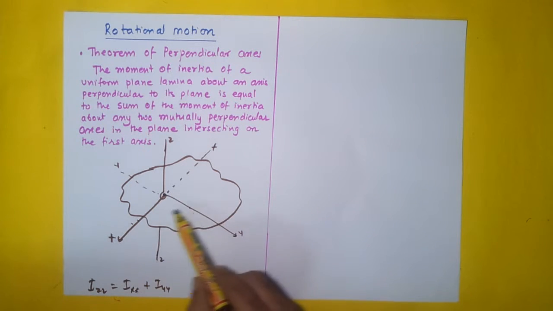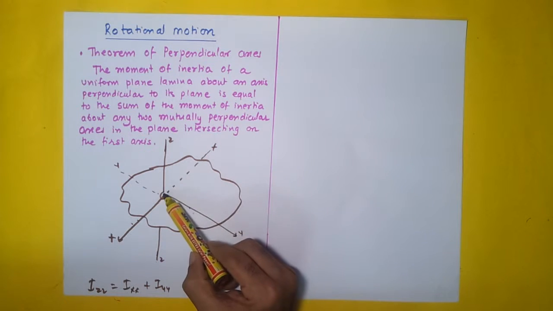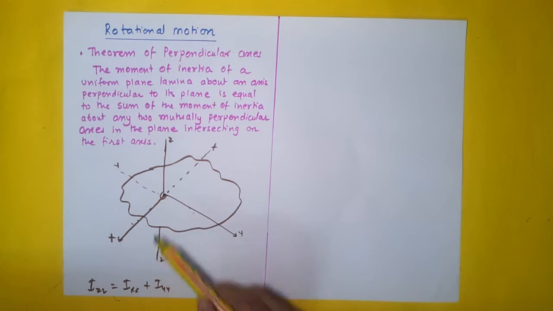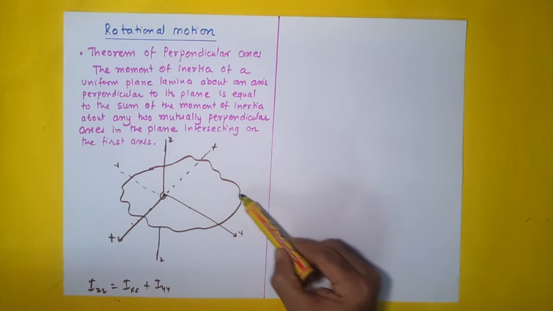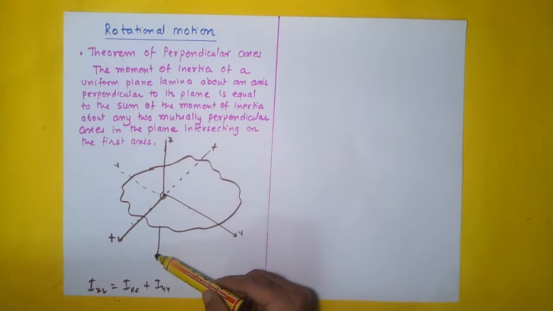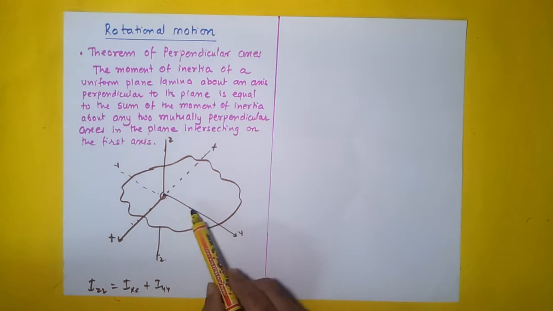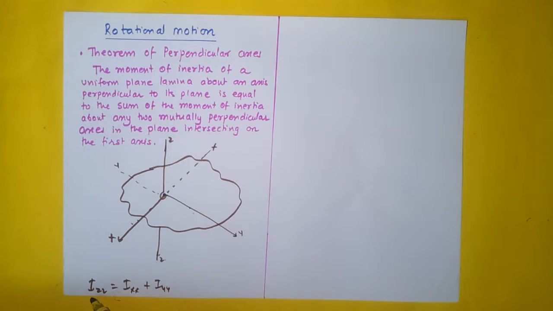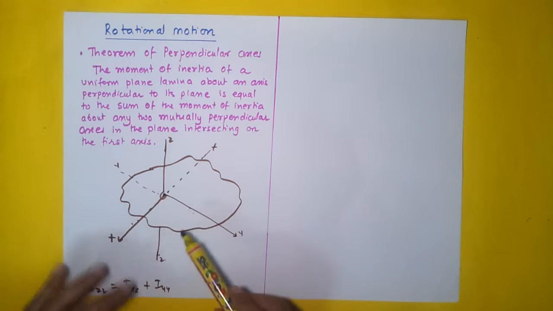These two axes have to be in the plane, and they should intersect on the first axis. So I can't have these two axes over here, where they're intersecting over here. They have to intersect on the first axis, the perpendicular axis, and also they should be in the plane of the lamina. So IZZ is equal to IXX plus IYY, where XX and YY are two axes which meet these conditions, that is, they are in the plane of the lamina and intersect on the perpendicular axis.